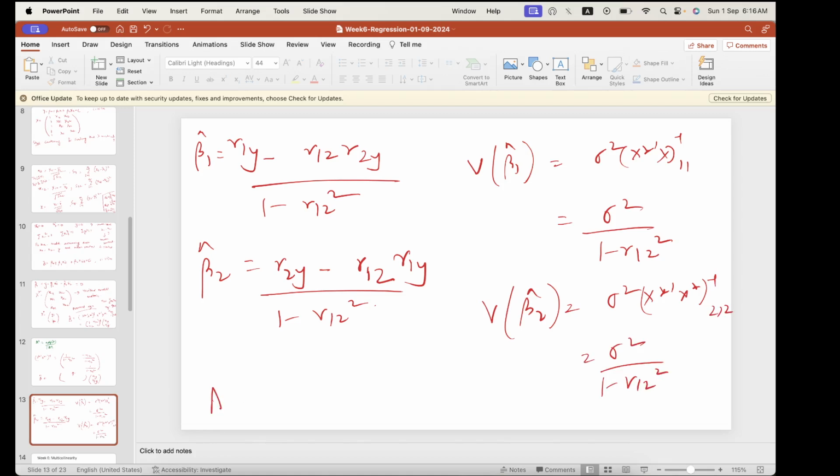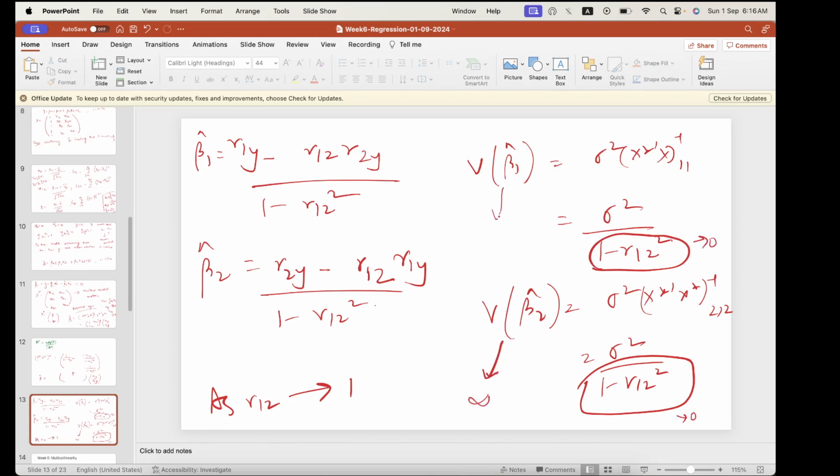Now note, as r12 goes to 1, these denominators will move closer to 0, so the variance as a whole will tend towards infinity. This is the problem we were referring to earlier: the variances of the estimators in the presence of multicollinearity shoot up and we will not get precise estimates.